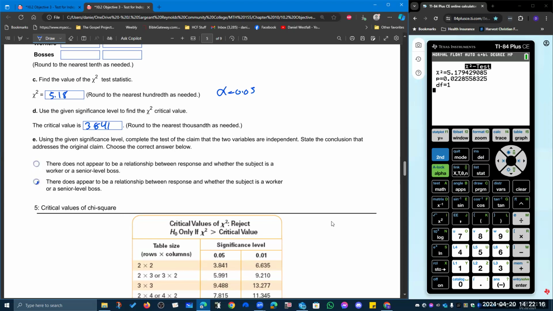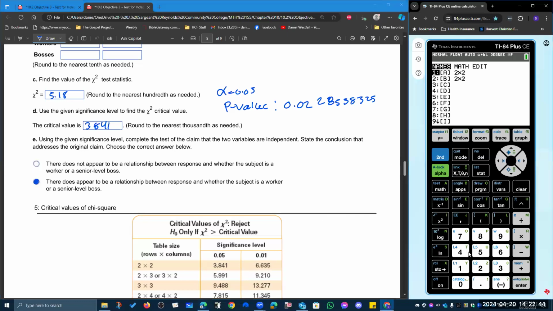There does appear to be a relationship. We can also see that with the p-value of 0.028558325, which is less than alpha. We can make the decision either way here.